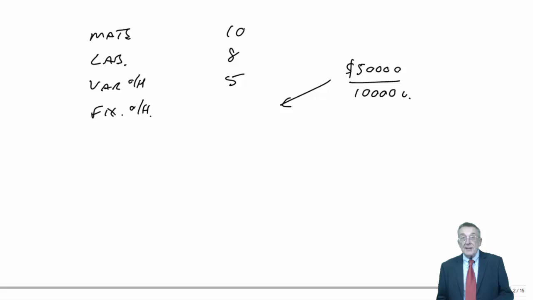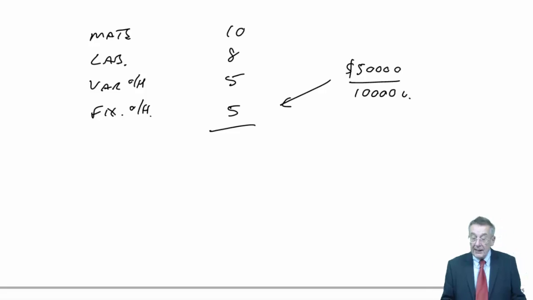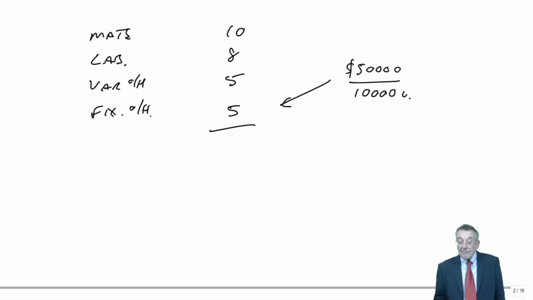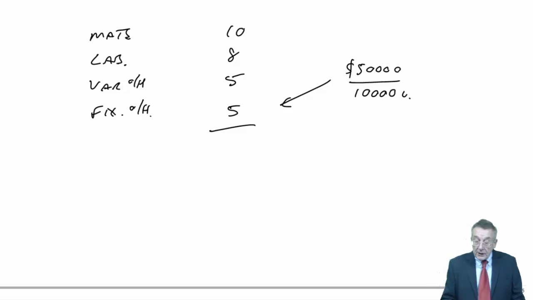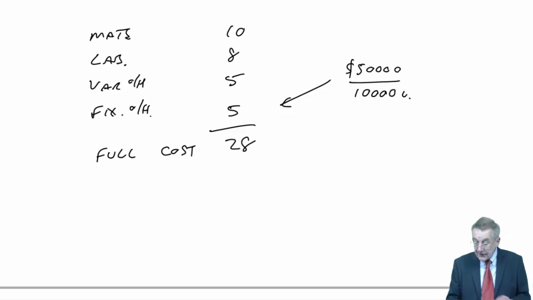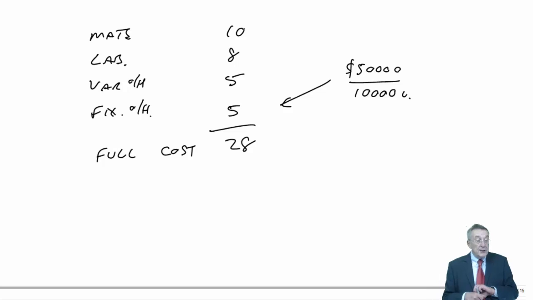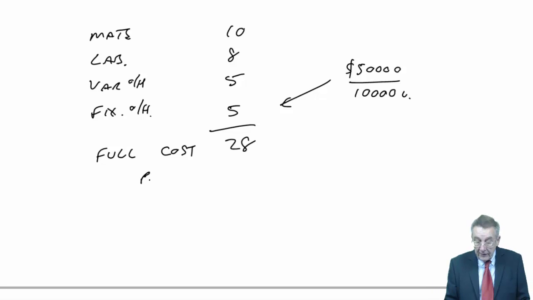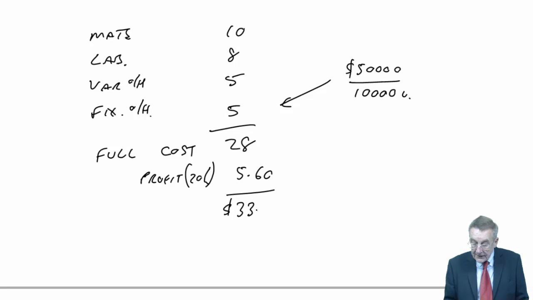On that basis, we absorb the fixed overheads at $5 a unit. And we'd end up with a total absorption cost or a full production cost of $28. If our policy is to sell at full cost plus 20%, we'll add on our profit margin of 20%, $5.60. We'd sell at $33.60.